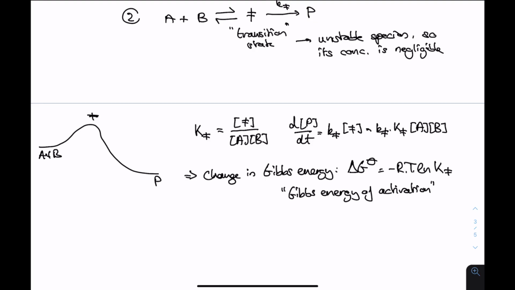And that is delta G naught, which will be, sorry, not delta, of course, G of the transition state, the energy of the transition state, minus that of the reactants.